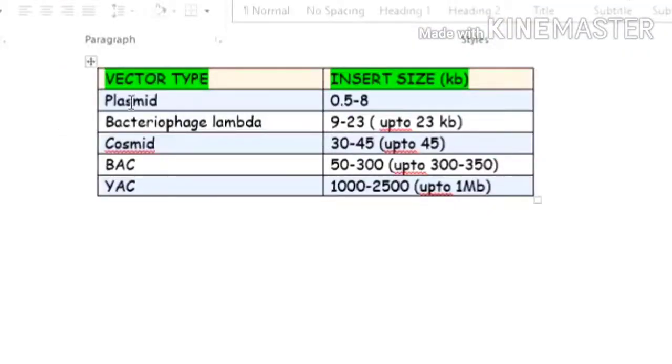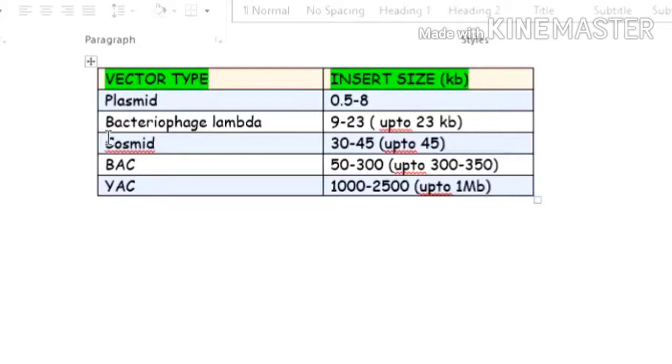Now see, here the list is given. A plasmid can carry an insert size of only about 0.5 to 8 kilobases. Bacteriophage lambda can carry up to 23 kilobases. Cosmid is what? We make use of the cos site of the phage and the plasmid.